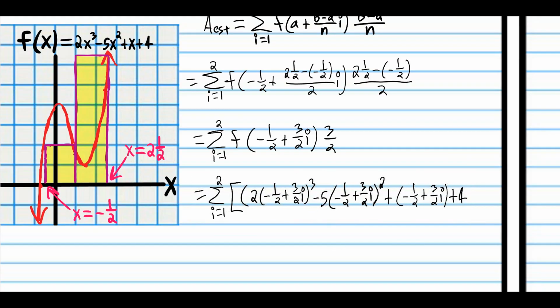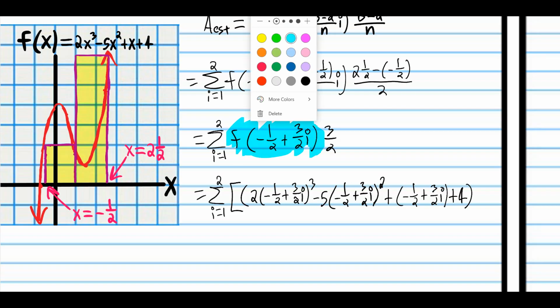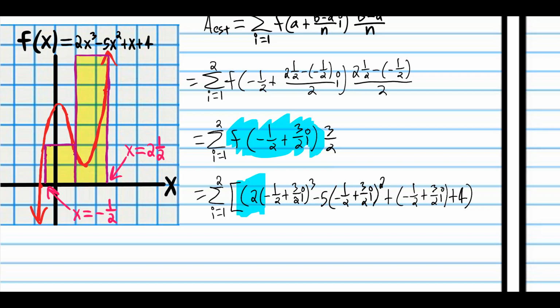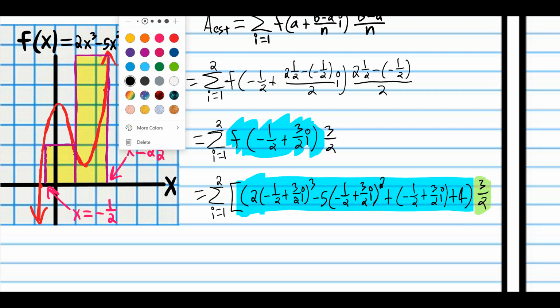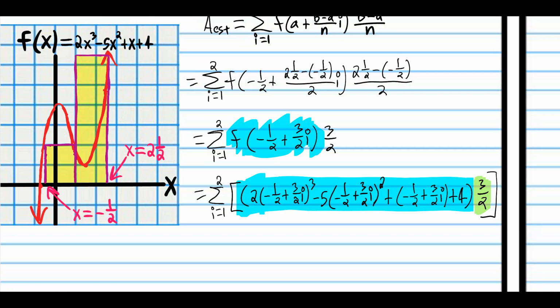So that whole thing we just wrote there is this expression here. And then we still have the 3/2 that's multiplied by this. So the blue expression is the height of each rectangle, and the green number is the width of each rectangle.